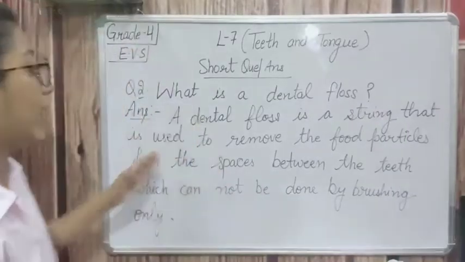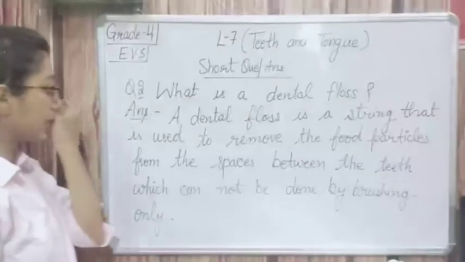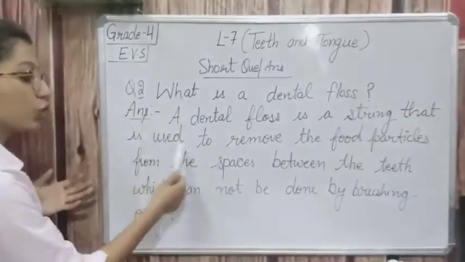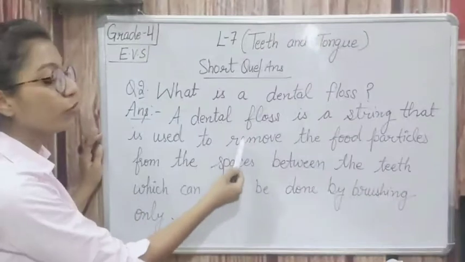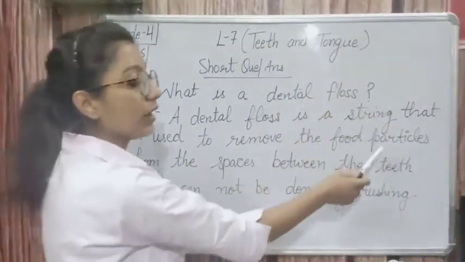So for that dental floss is very useful. A dental floss is a string. It is a string that is used to remove the food particles.